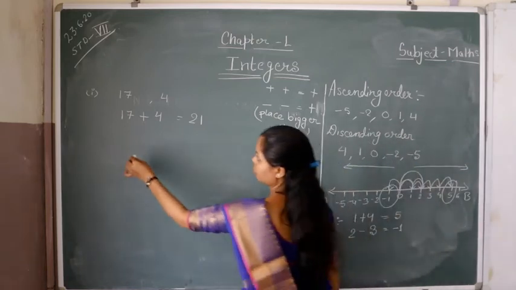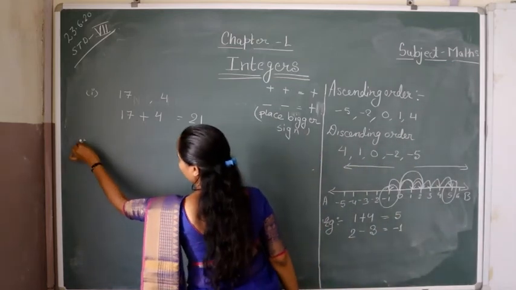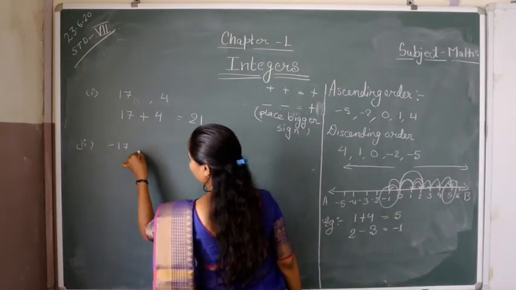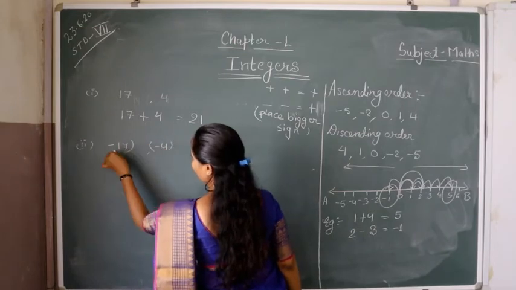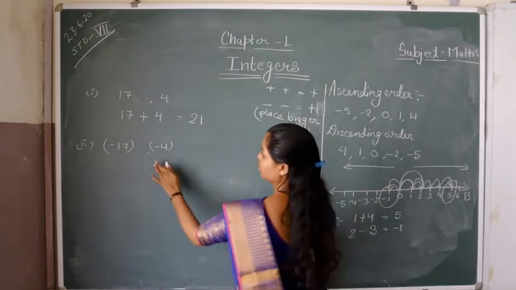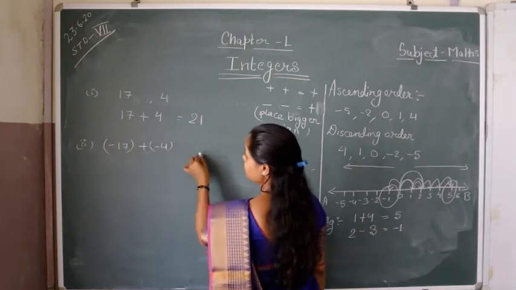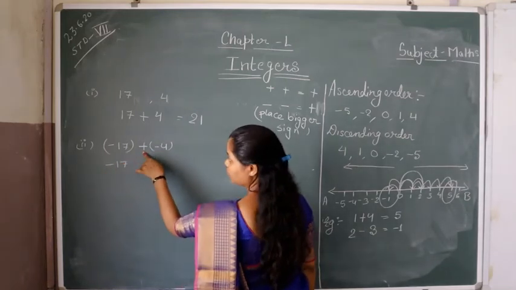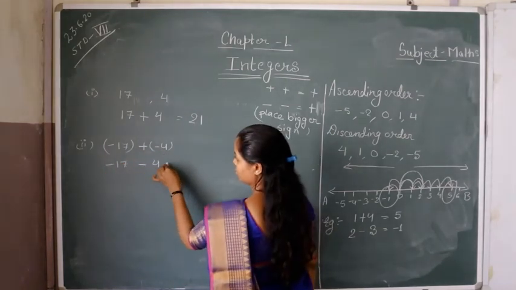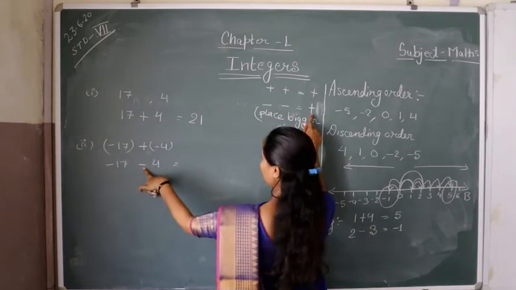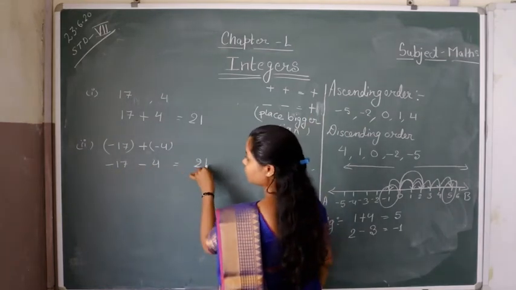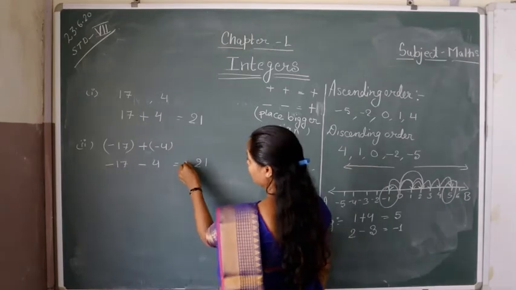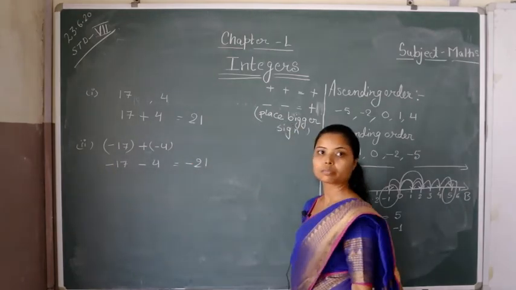So by taking two negative integers, minus 17 and minus 4, when we add these, minus 17 plus minus 4. Now minus minus plus, so add both, 21, and put the symbol of the bigger digit, which is minus.